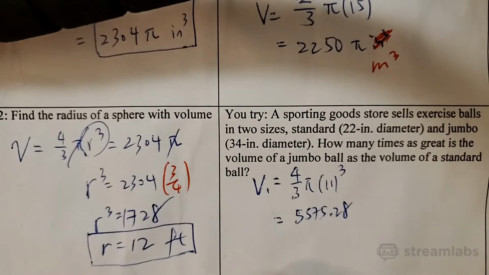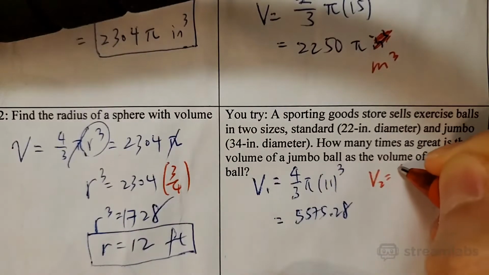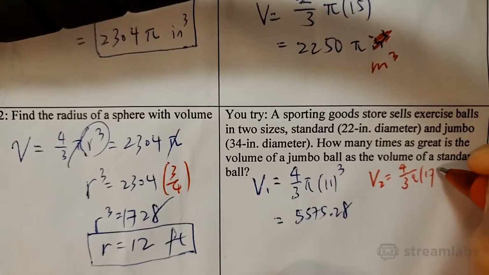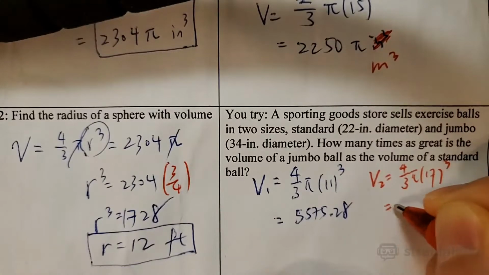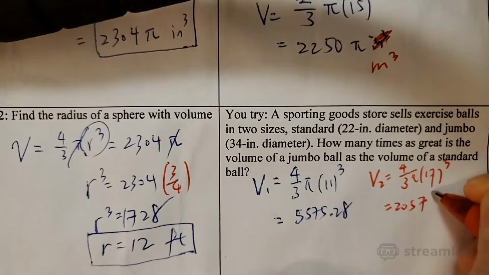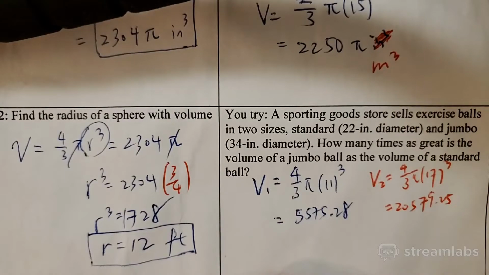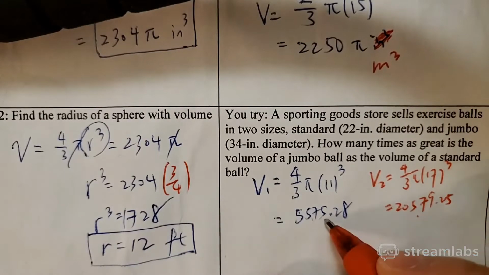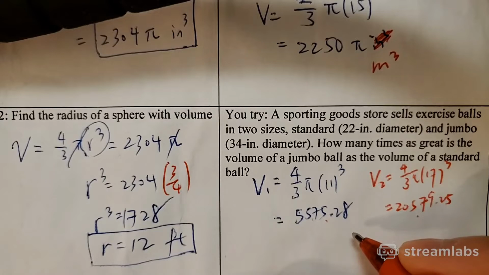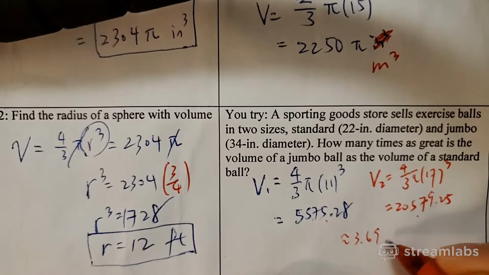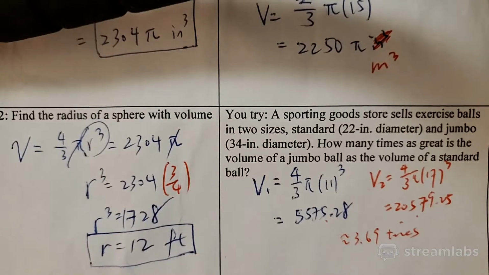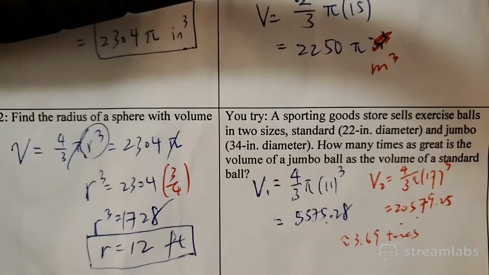You just multiply the whole thing, and then you do the same thing. So 4/3 pi 17 cubed, and you're going to get like 2579.25, something like that. And then you divide, right? This divided by that, you're going to get about 3.69 times. Okay? That's how you would do it in a straightforward way.